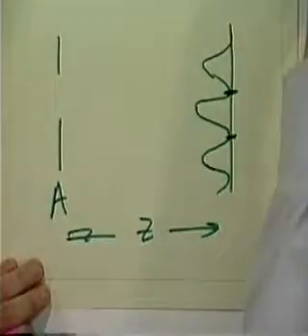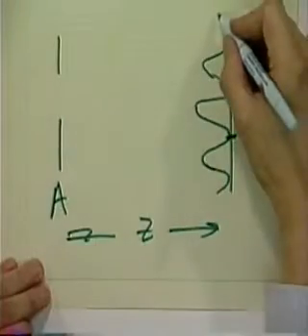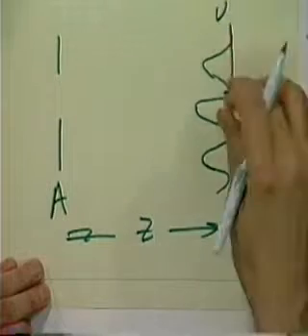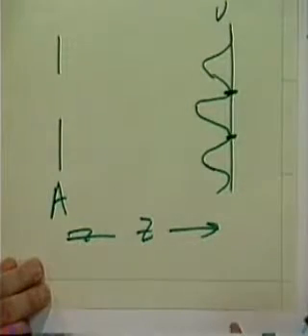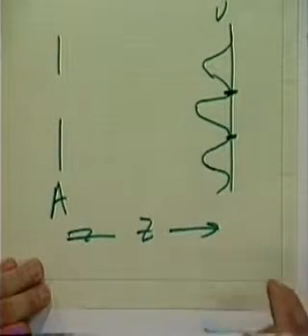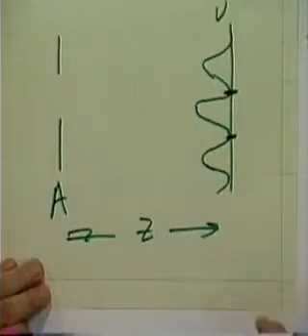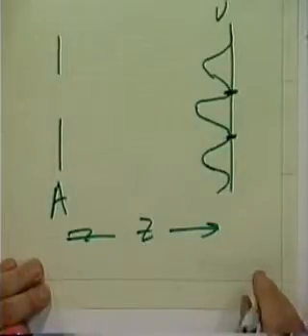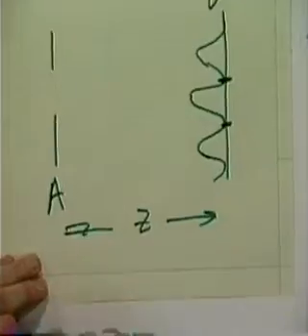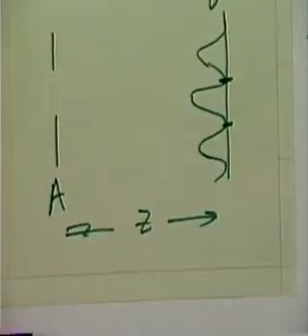So now do you understand this? A is some aperture, u is my diffraction pattern in this plane. I think I made it much more complicated than what it actually is. Okay. Got it now? Ready to go on?